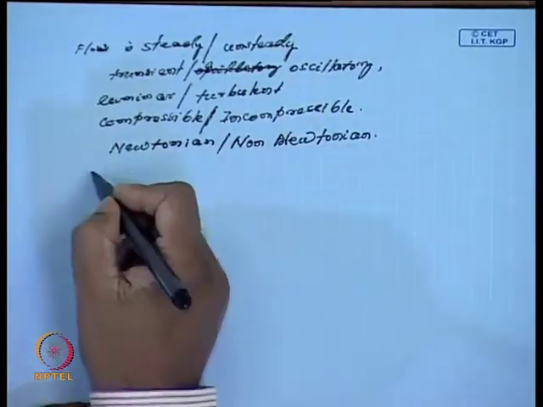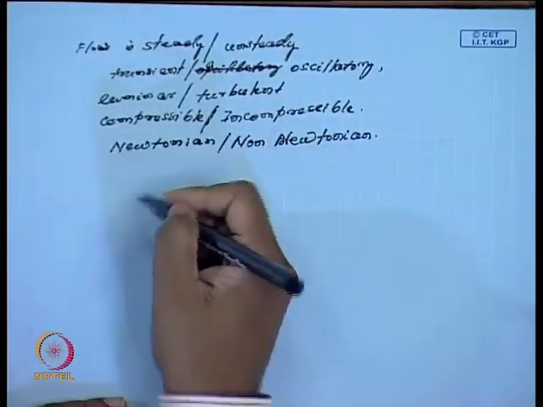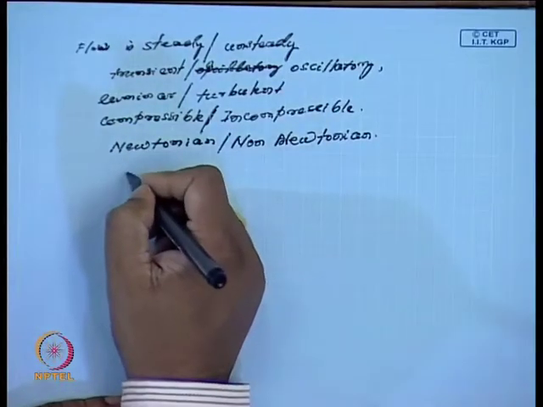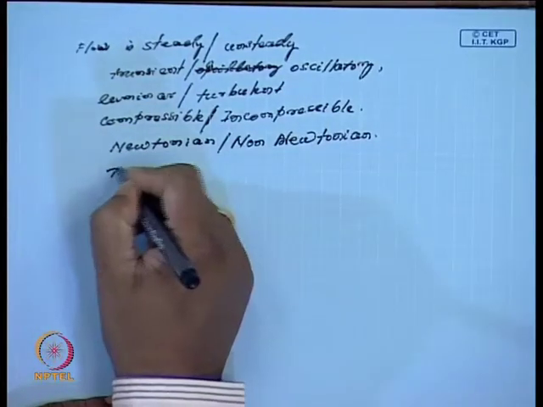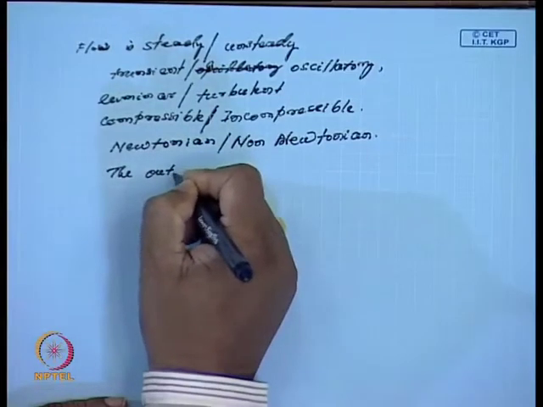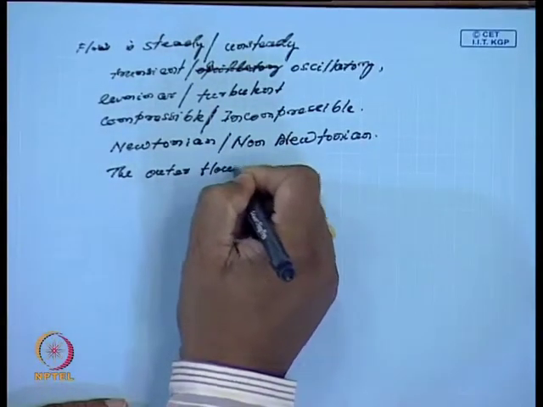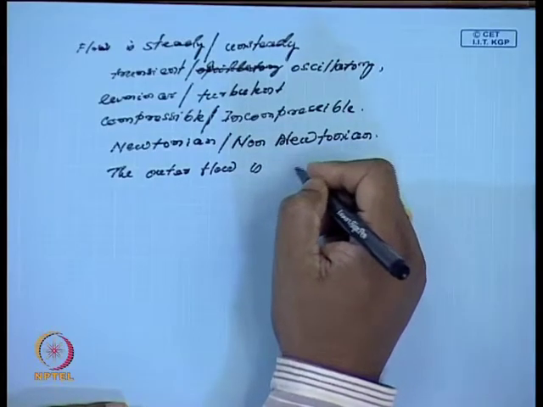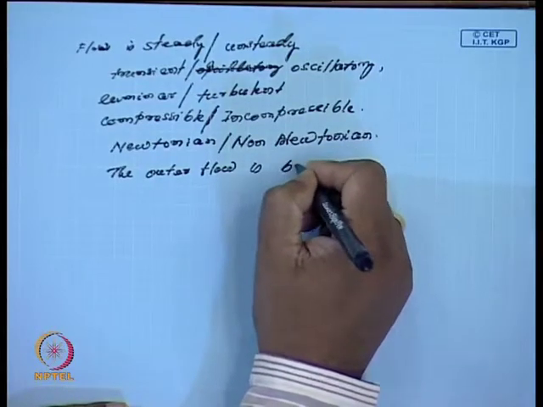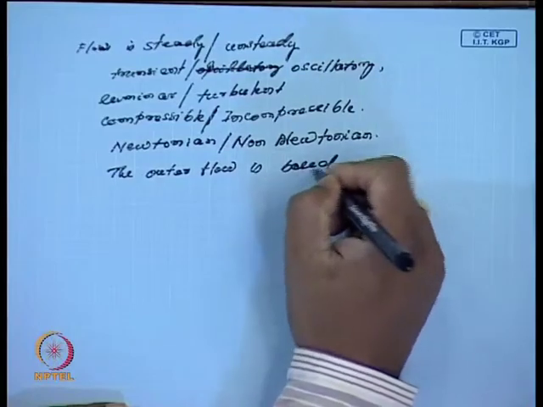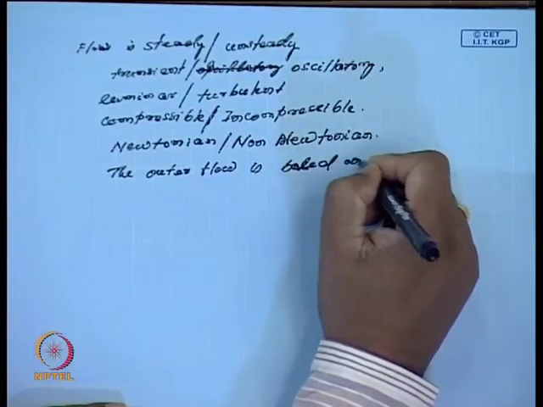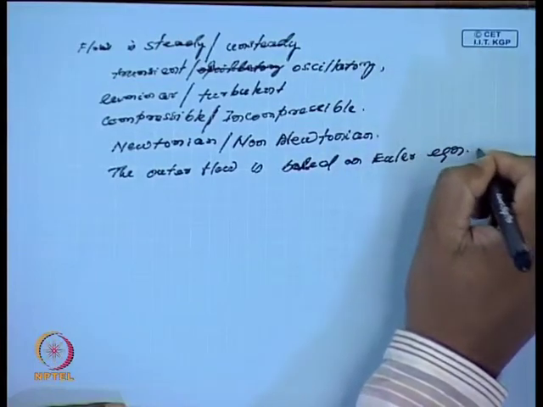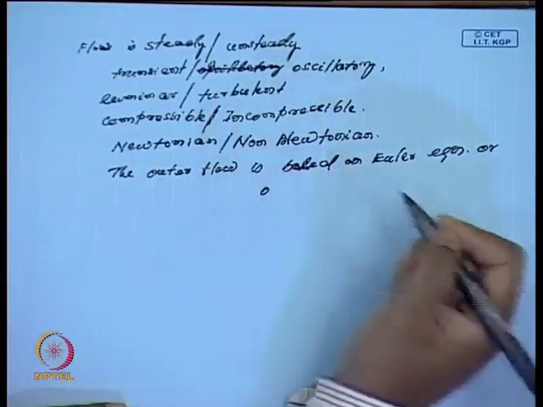And again, if we are dealing with a boundary layer flow where boundary layer theory is applicable, particularly for the outer flow, that means the flow beyond the boundary layer, we ask whether the outer flow is based on an Euler equation or is of a potential type.